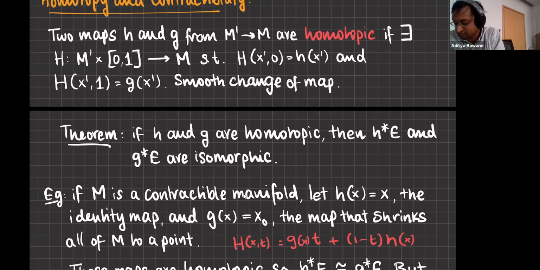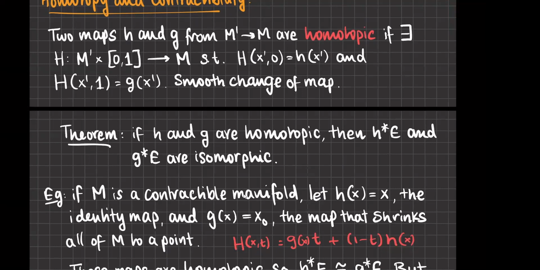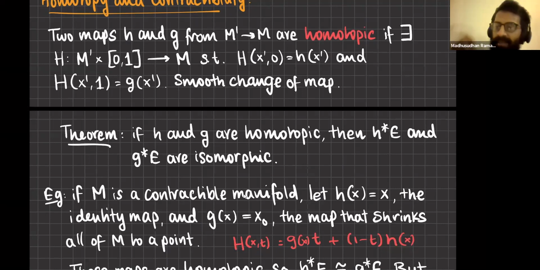If Rn is contractible, then this sort of thing makes sense, because I can just add coordinate-wise. But what Aditya is saying is that if I have a sphere minus a point, let's say I remove the North Pole, what does this mean? He's asking what it means to add 2 points.